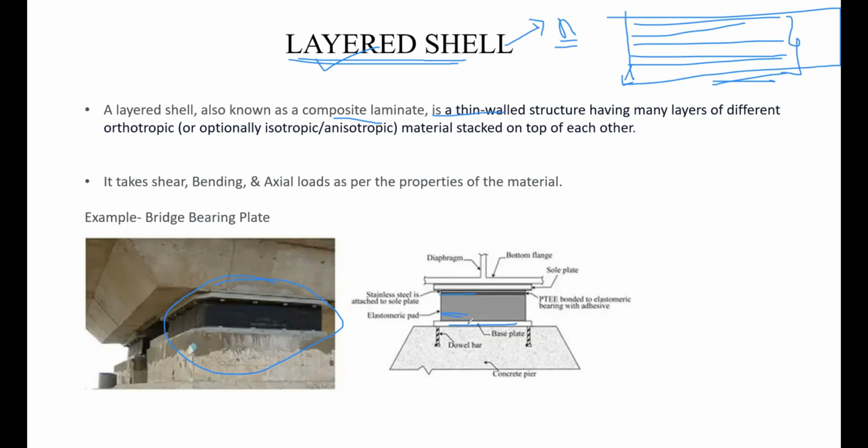So we have four to five different materials on this bearing pad. It can act as a layered shell, one element with different layers. So when designing this bearing pad, we can consider it as a layered shell. It takes the shear, bending and axial loads as per the properties of the material.